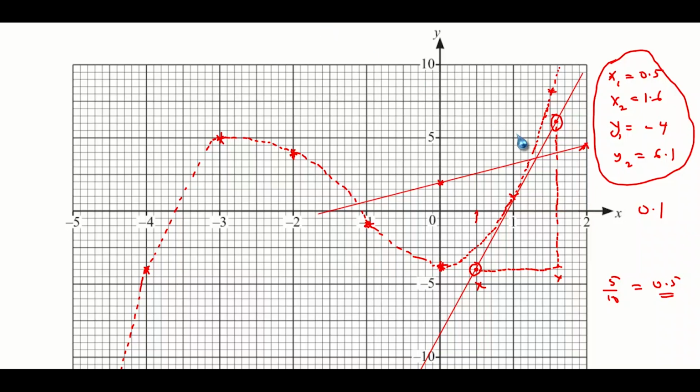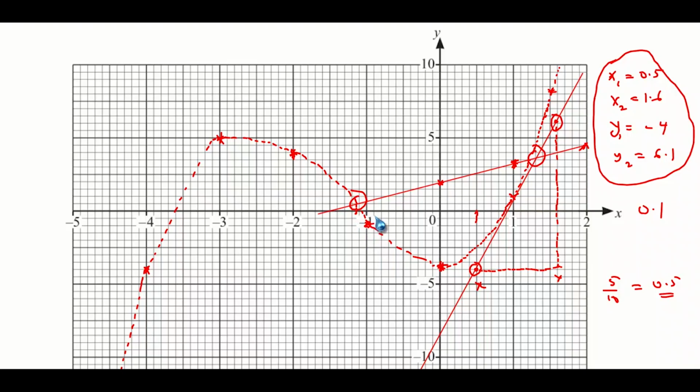Okay, so that's the essence of having more than 2 points. Okay, so now the solution will be at this spot here and at this spot here. So it's an estimate. So what will be the value of x here?